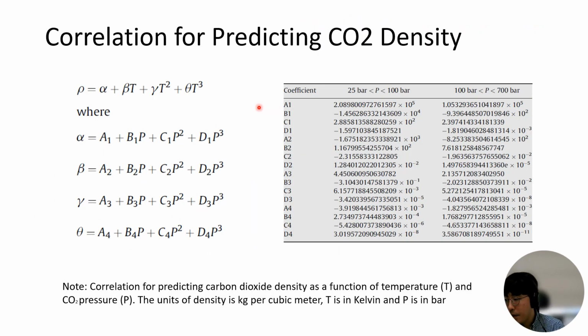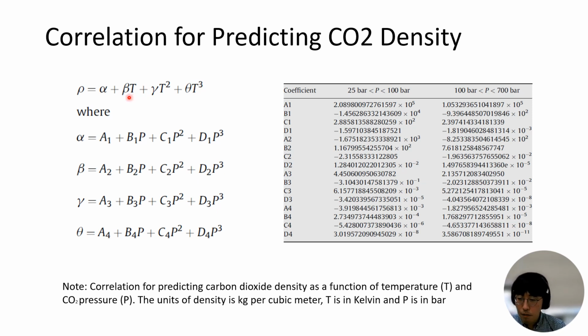And in the very same paper, they provided this correlation relationship between the density and the temperature and pressure. So that basically rho, which is the density, is a function of alpha plus beta times temperature plus gamma times temperature squared plus theta times temperature to the 3.